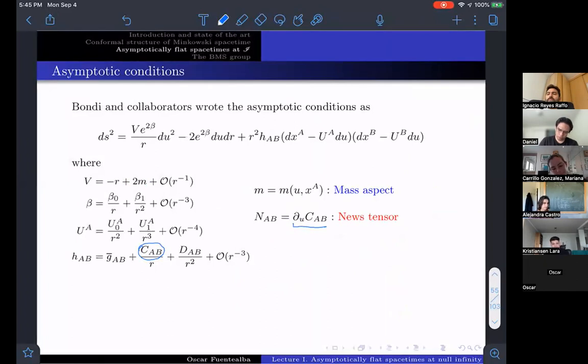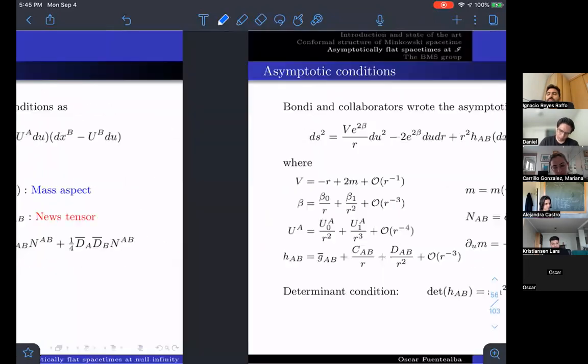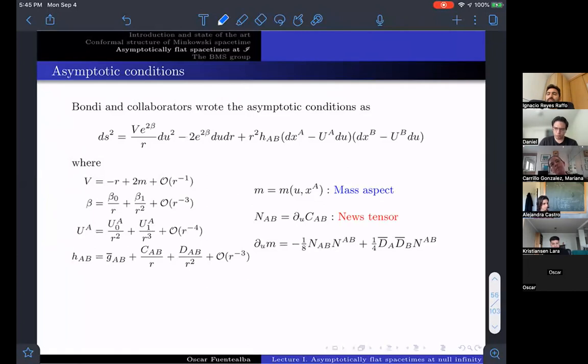A good explanation for this name is taking the temporal component of the Einstein equation, and one can realize that we have a balance law for the loss of mass, and we can see that if this N_AB is equal to 0, then the mass is constant in time. We are not losing energy at null infinity. Obviously, if we have matter here, we'll have more terms related to the matter, but we are not considering now the contributions from the stress-energy tensor.